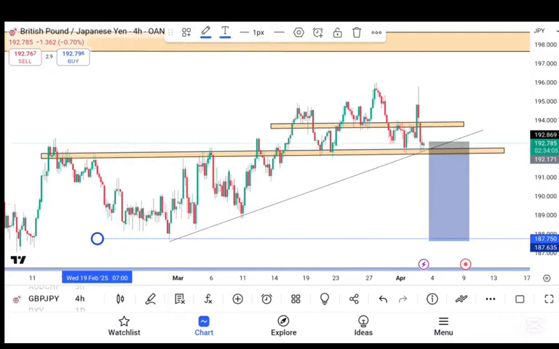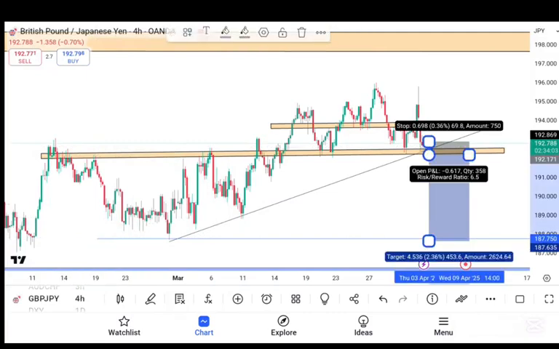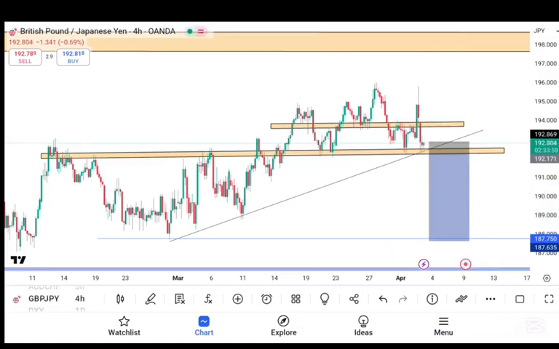That's our overall target. Eventually, we are into a 1:6 risk to reward ratio. So this is what we are expecting this market to do.